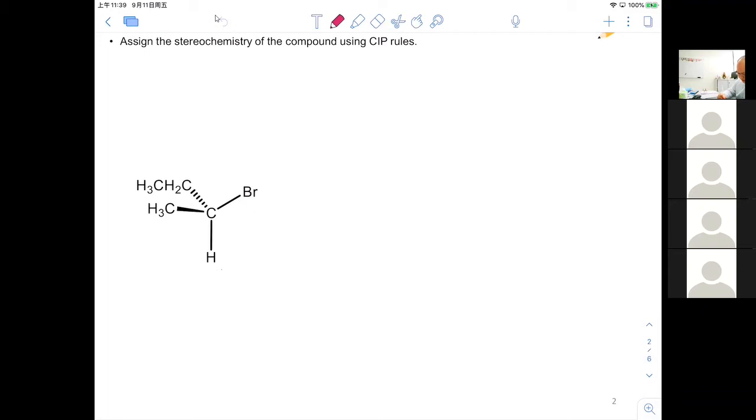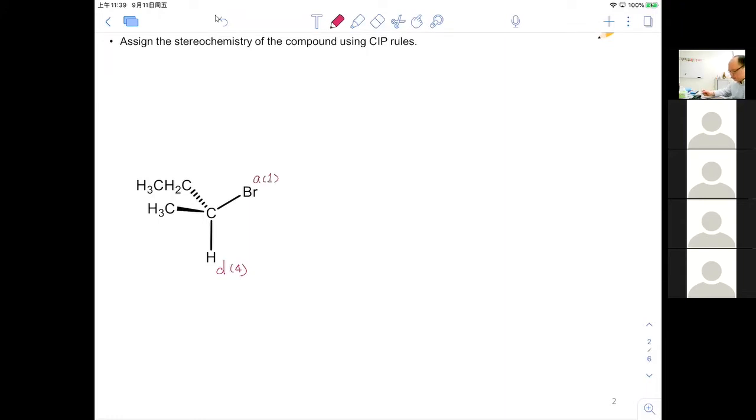So we can put a D here, and if you prefer, you can put 4 because it is the lowest. Then what's the biggest? The biggest should be bromide, because bromine has an atomic number of about 30-ish, much bigger than carbon. So we put A, which is the number 1 substituent.